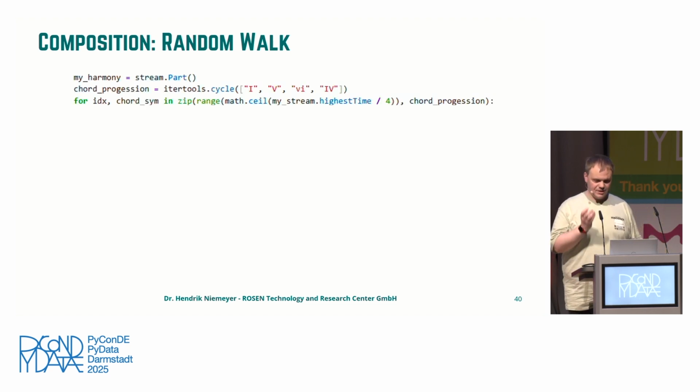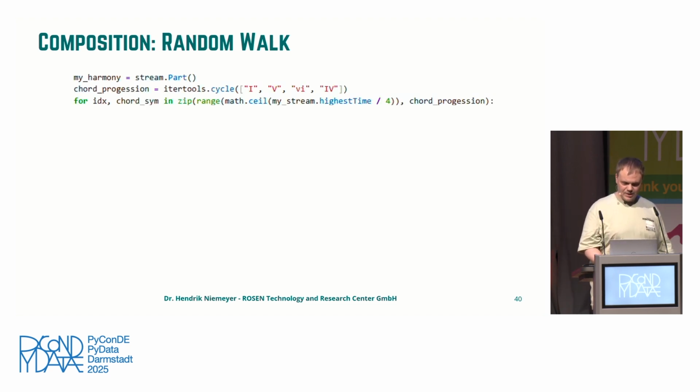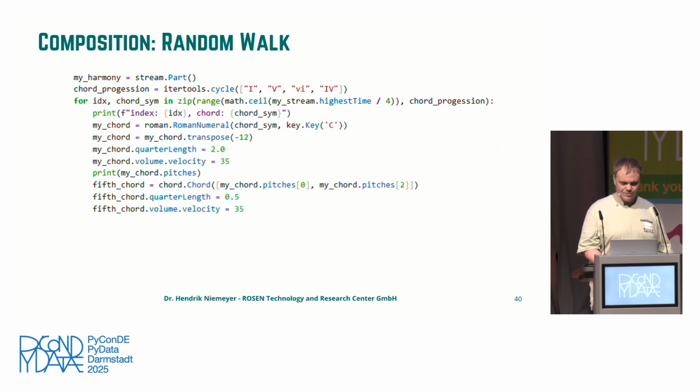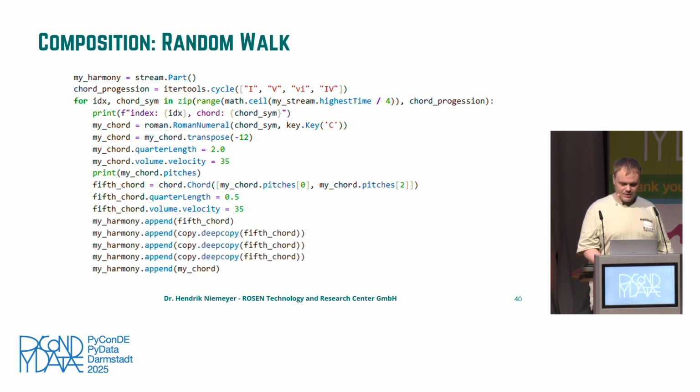And if you want to create an accompaniment to that, we can use these Roman numeral objects as we've seen before. Here I create a cycle of 1, 5, 6, and 4, and use that to generate chords. I create the chords from that Roman numeral object, and I append them to the corresponding stream.